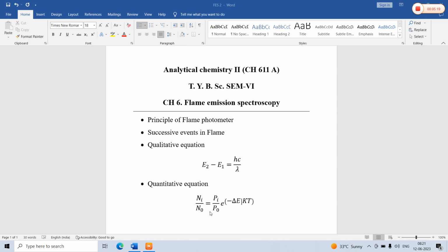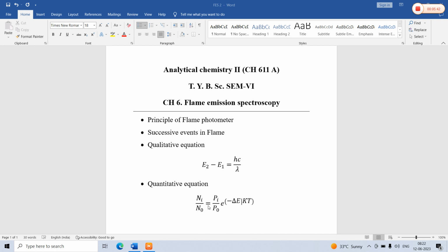Quantitative analysis is also simple. The Boltzmann distribution equation can be employed for the quantitative analysis, which gives the fraction of the total number of thermally excited atoms. The fraction of free atoms that are thermally excited is given by the ratio Ni upon N0.